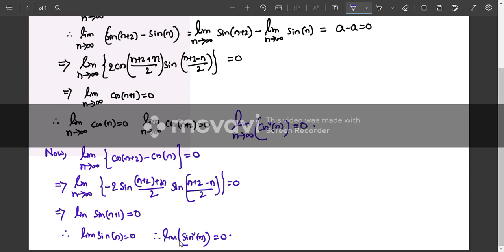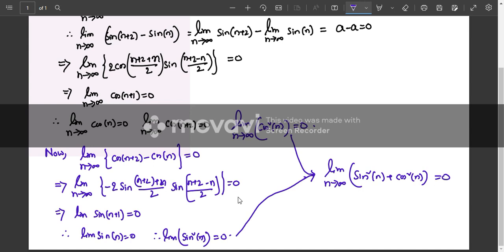So the limit of sin squared n is 0 and the limit of cos squared n is 0. Therefore, by these two, we get the limit of sin squared n plus cos squared n is 0, since both are 0.